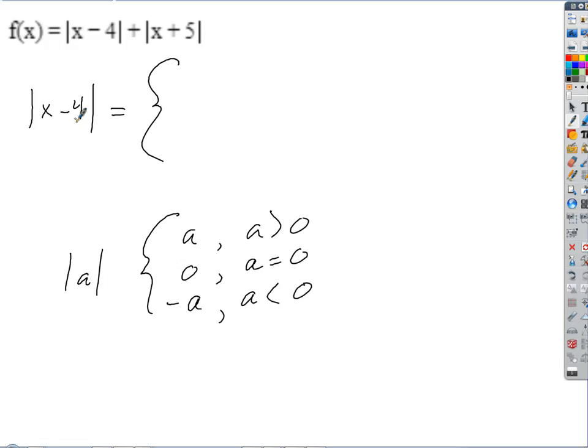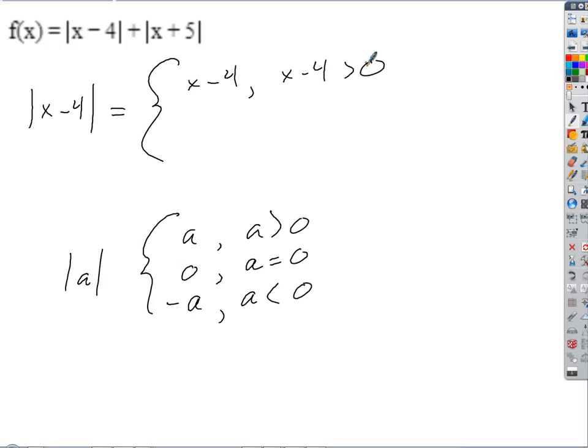So let's apply that to this specific case of an absolute value function where a, the argument, is equal to x minus 4. So we know that the absolute value of x minus 4 is equal to x minus 4 whenever x minus 4 is positive, right? But we could probably write that in a better way, couldn't we? What if we solve that inequality for x?